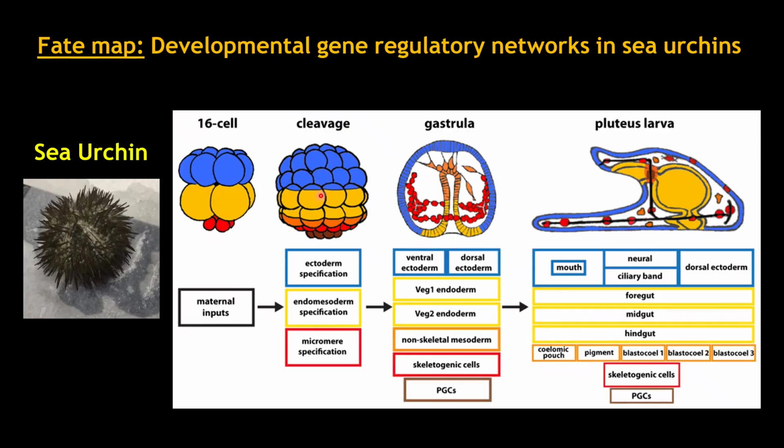You can see how they start differentiating which one is going to form the ectoderm in blue, which one is going to form the endoderm that is going to have the midgut and the hindgut, and here which one is going to produce the mesoderm. So that is going to be around here. So C. elegans, sea urchin, and ascidians are great organisms to do that.